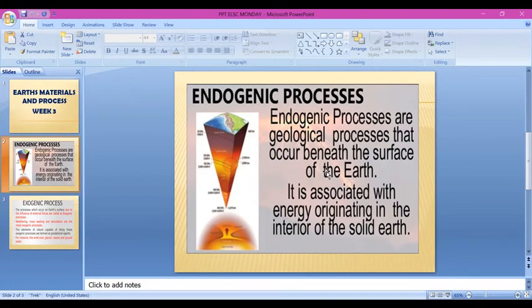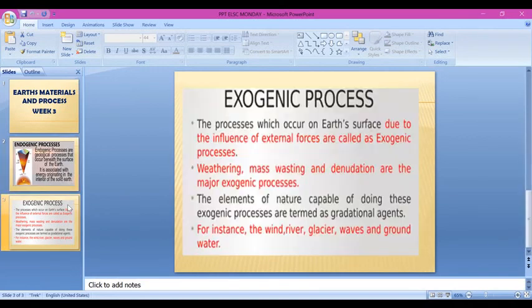So beneath, they happen inside. The exogenic processes, these are the processes that occur on the surface due to the influence of external forces, which is called the exogenic.